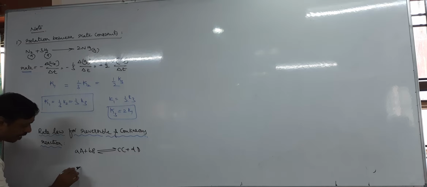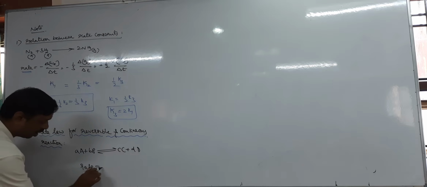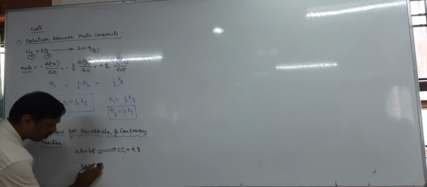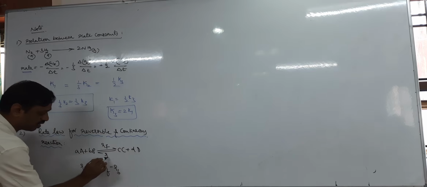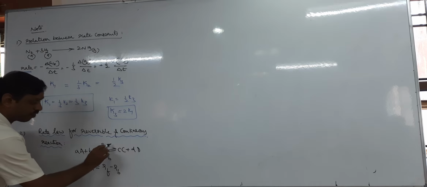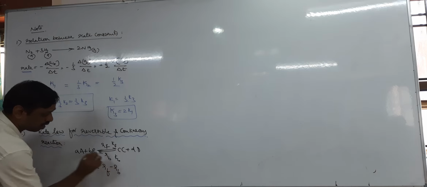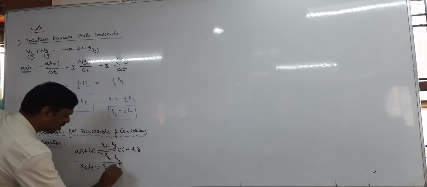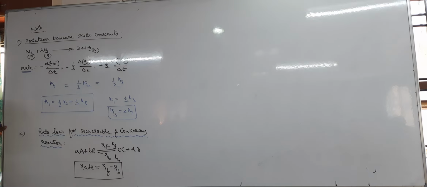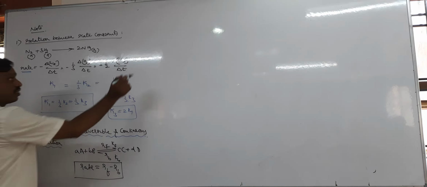Important: for a reversible reaction, the overall rate is equal to R1 minus R2, nothing but R forward minus R backward. Let us say this is the forward reaction, then this is the backward reaction. For the forward reaction, you can take the rate constant as Kf, and for the backward reaction, Kb. So this is the rate law for a reversible reaction: rate of forward reaction minus rate of backward reaction.